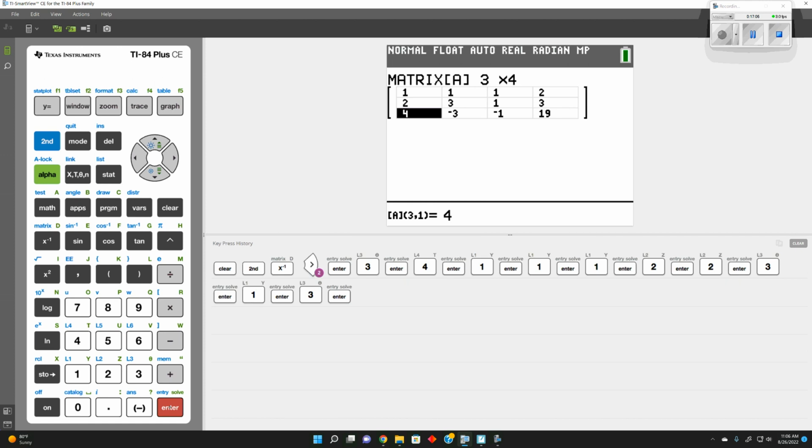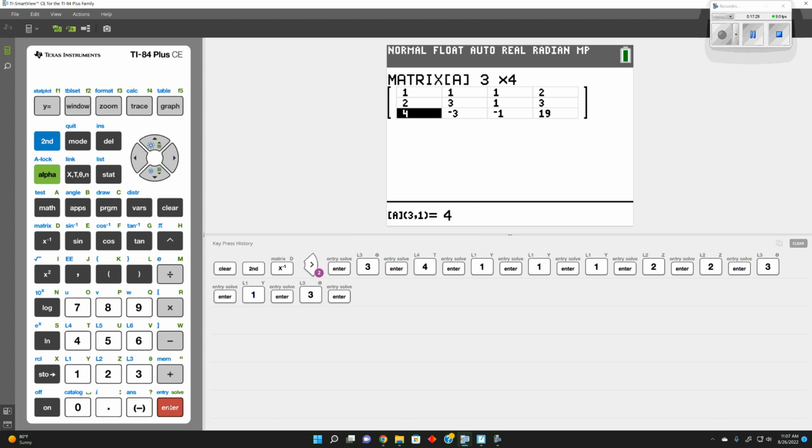Let's just completely restart this whole thing. Okay. On. Second, matrix, over to edit, enter, 3, enter, 4. If it's negative, the negative sign next to the decimal is what you would use. Okay.